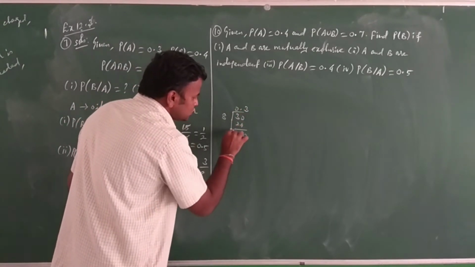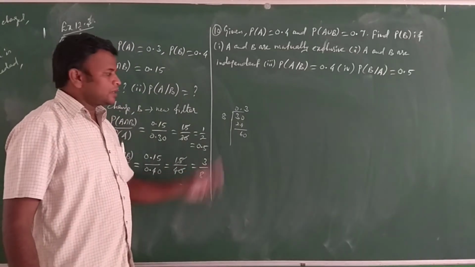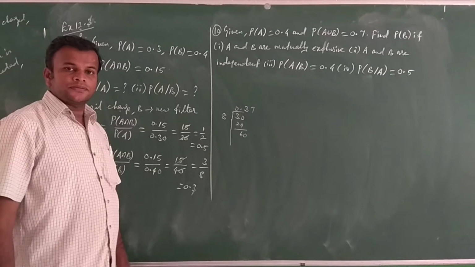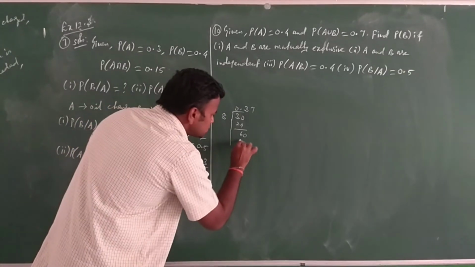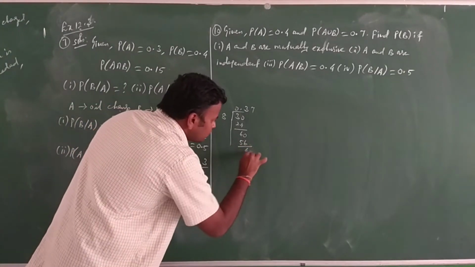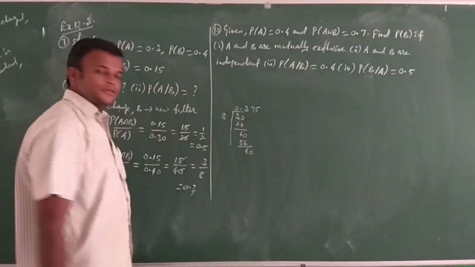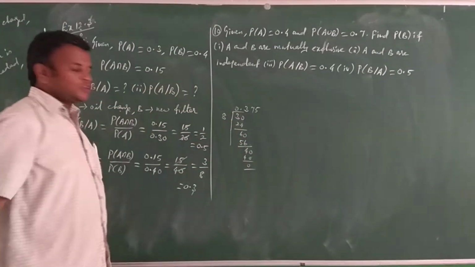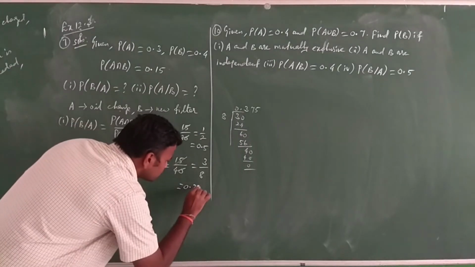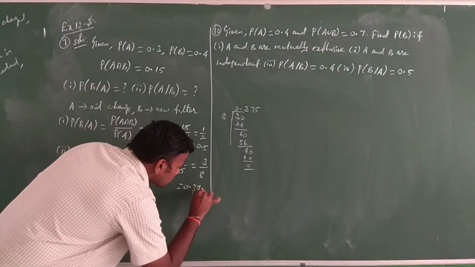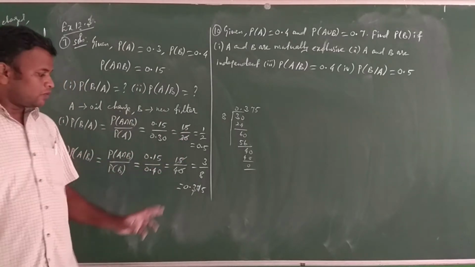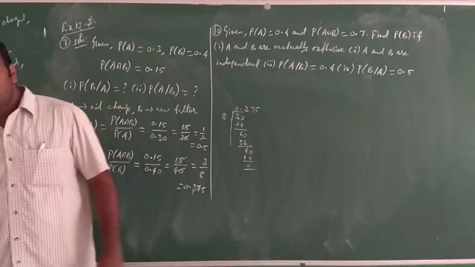Remaining is 6, then 60. In 60, 8 goes 7 times, 7 times 8 is 56. Remaining 4, then 40, exactly 5 times. So the answer is 0.375. So the first answer is 0.5 and the second answer is 0.375.